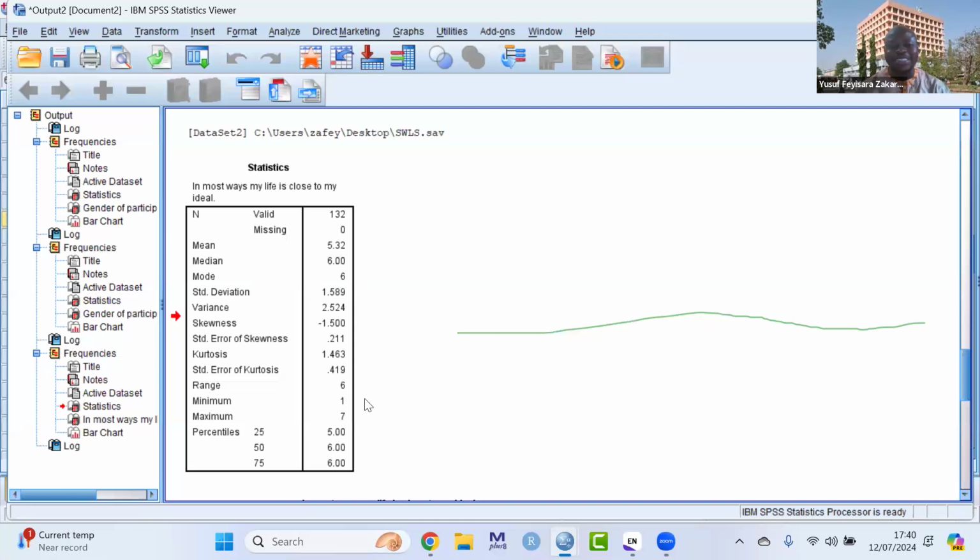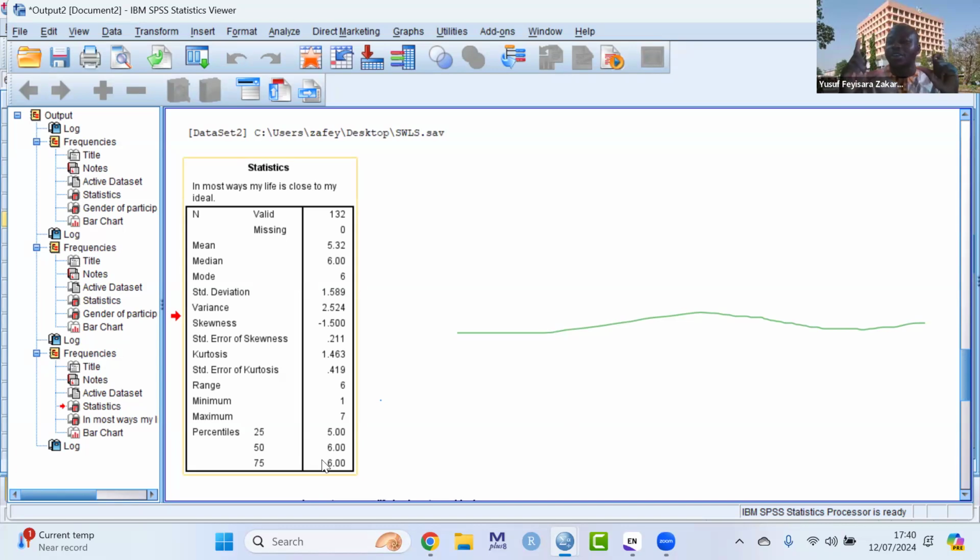I want to test something. Look at percentiles. Remember, we clicked on quartiles, but this particular table is giving me percentiles. What do you make sense out of this?